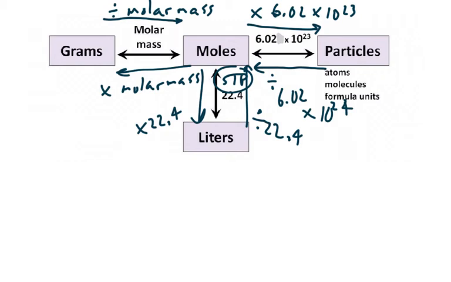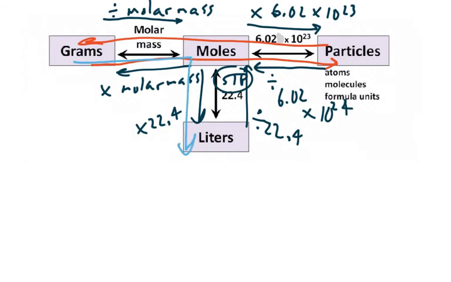We also saw that a problem can be a two-step problem. We saw a problem that can go across like this. Okay, we then saw a problem going from particles back to grams. So we did get to see that. Okay, we also saw problems where we're going from grams to volume or from volume back to mass.